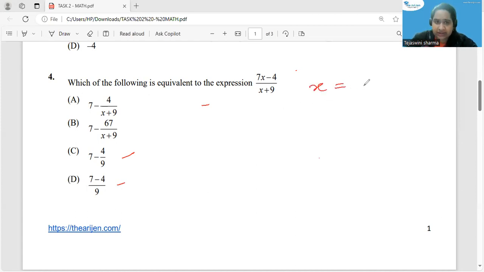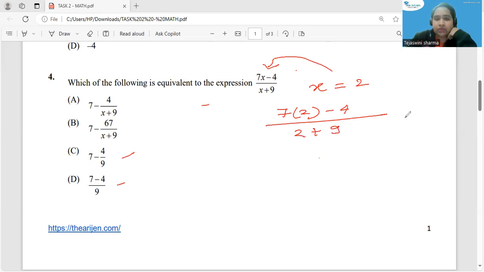For right now I am just taking 2, because 2 is a smaller number and I can work properly. So for this expression, when I substitute x with 2, I am getting 7 times 2 is 14, minus 4, which is 10, and 2 plus 9 is 11. So I'm getting 10 over 11. Now I have to see which option gives me 10 over 11.